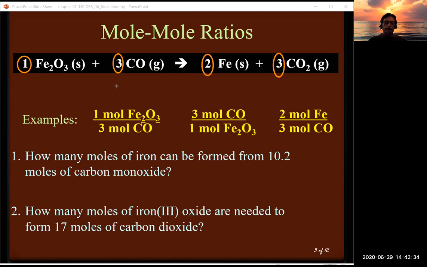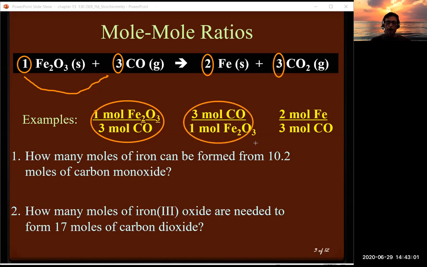So if we look at the reactants first, between here and here, I see it's a 1-to-3 relationship, based on the balanced chemical equation. That means I can write that relationship either like this with iron(III) oxide in the numerator or carbon monoxide in the numerator.